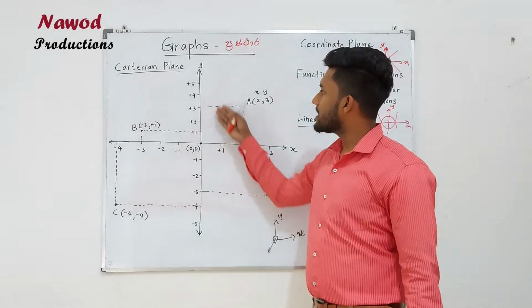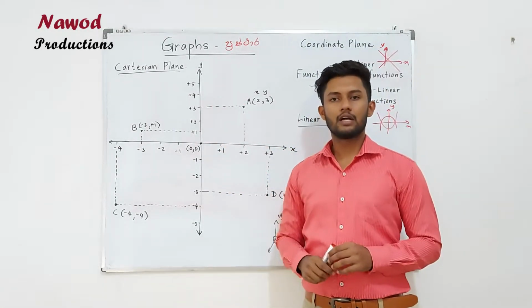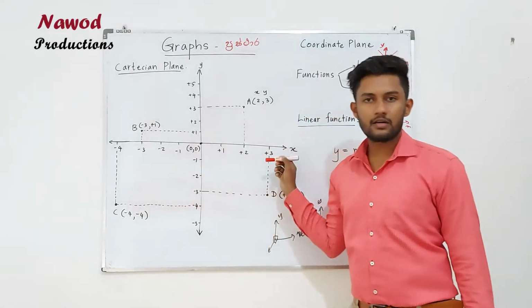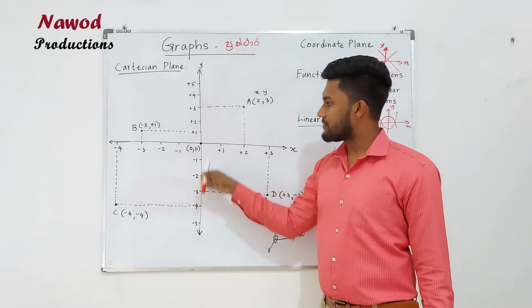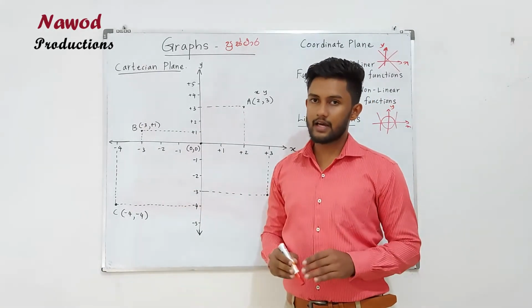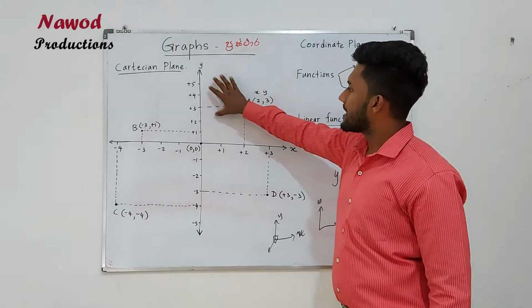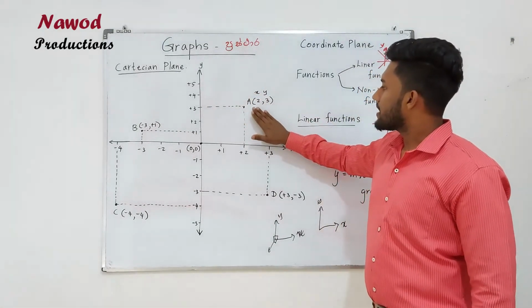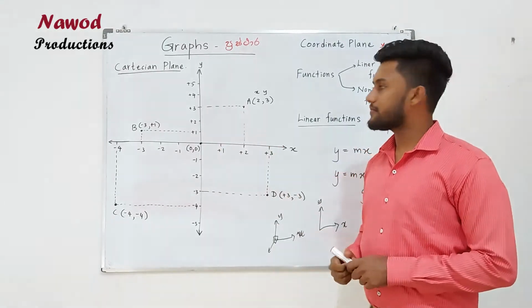Then here, the x-axis and the y-axis are there. Normally, to the horizontal side we have the x-axis, and to the vertical side we have the y-axis. Here, when considering this area, we can name these coordinates, that means coordinate points.